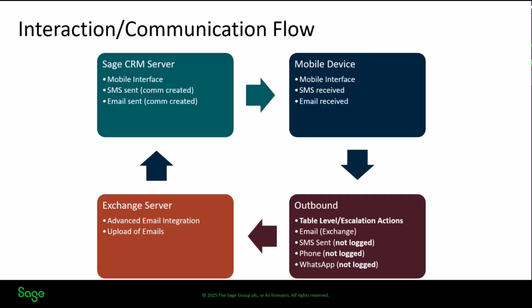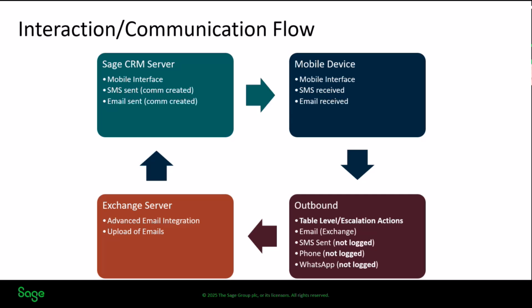Now, if we are taking action inside the interface, we will see in a little bit how we can use table level and escalation rules to write communications into the necessary communication tables, creating tasks, communications, and meetings for us.